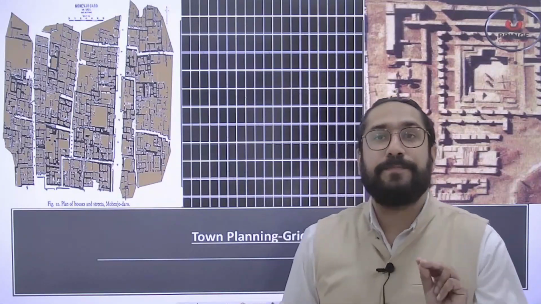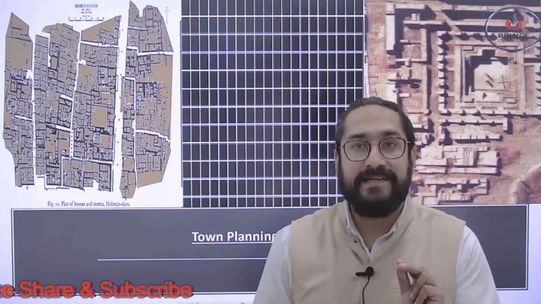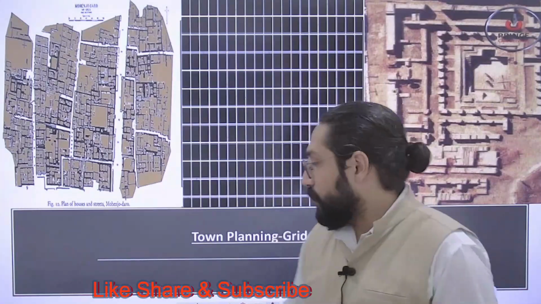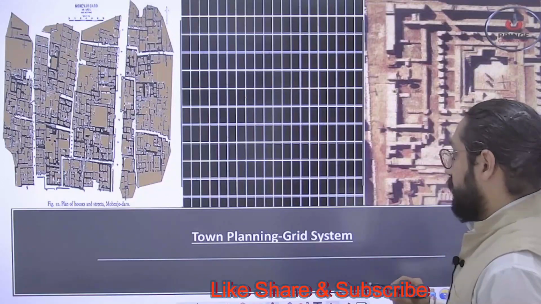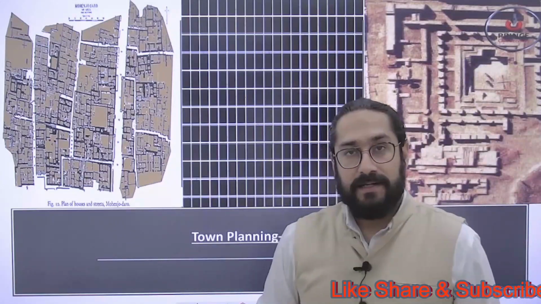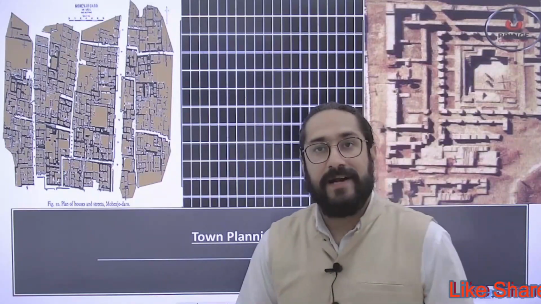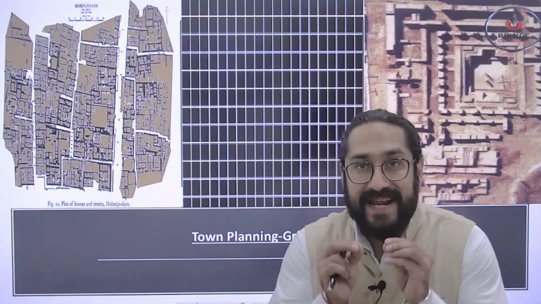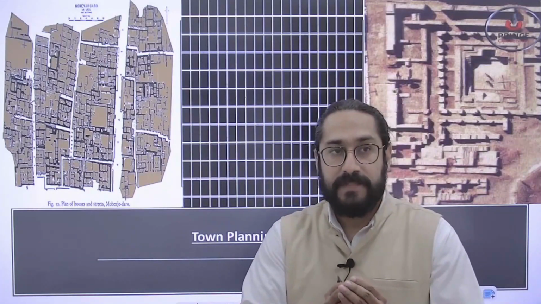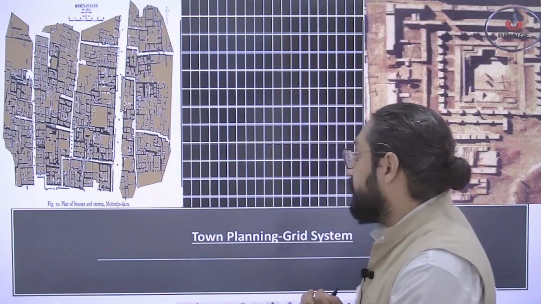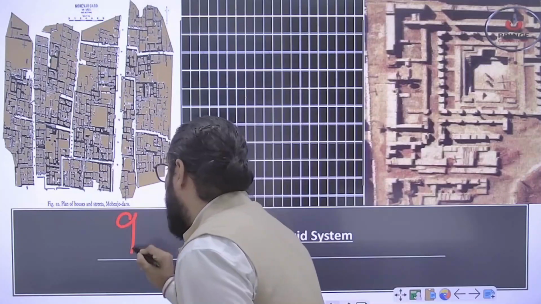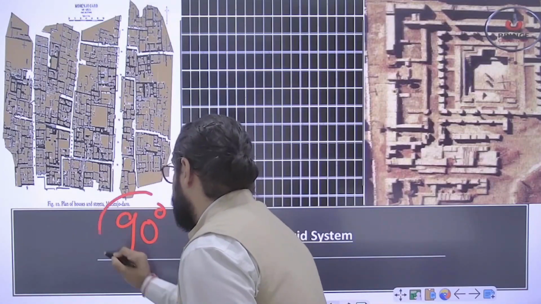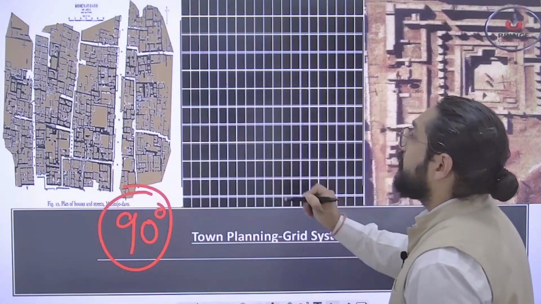Now the next feature of the town planning of the Indus Valley civilization people was the streets. They also had streets. The streets of IVC cut each other almost at 90 degrees. So you can see here.